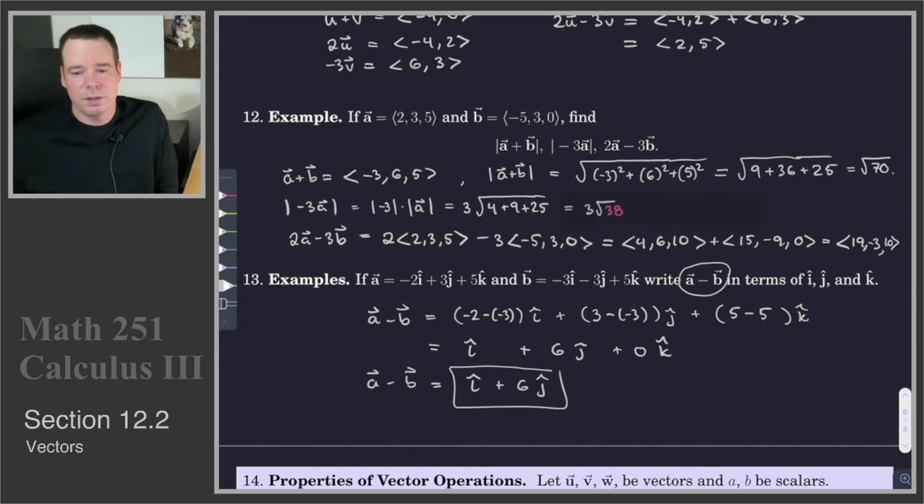This is one of the reasons why it's nice to use the i hat, j hat, k hat notation, because if I was to write this in angle bracket notation, this would be 1, 6, 0. I'd have to use another component. Even though it was a 0 value, I'd still have to include it. I have to use that third component with a 0 in there.